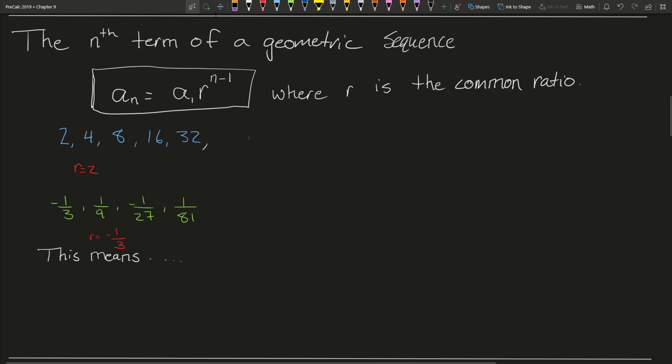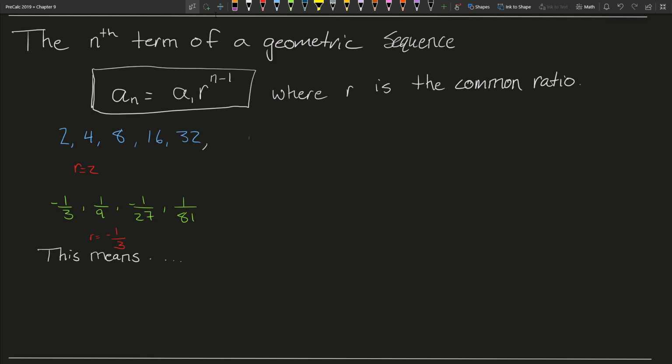Okay, and this equation is very, very important for geometric sequences, because that will always be whatever term you're looking for. So when you're doing these, this equation should definitely be in front of you.